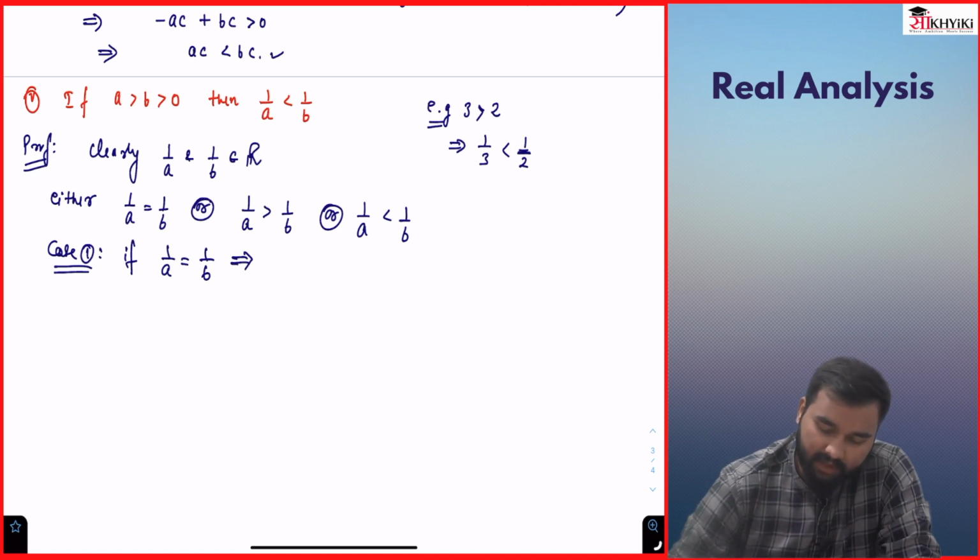So I am multiplying with AB on both sides.